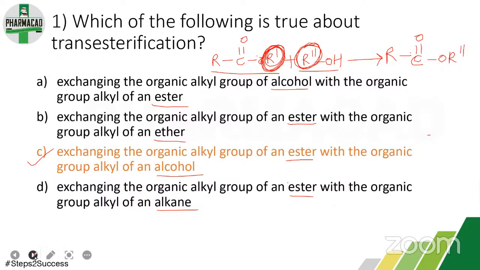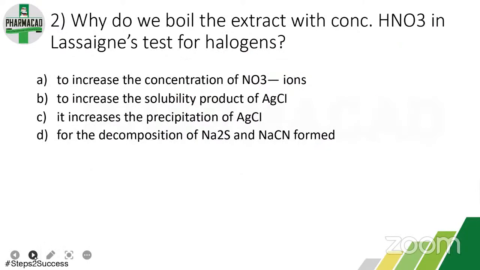Okay. Next question. Why do we boil the extract with concentrated HNO3 in Lassaigne's test for halogen? Now, first we have to remember that Lassaigne's test is for the determination of nitrogen, sulfur, and halogen.